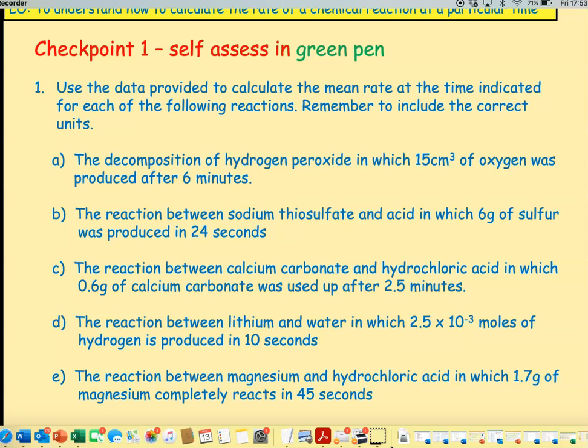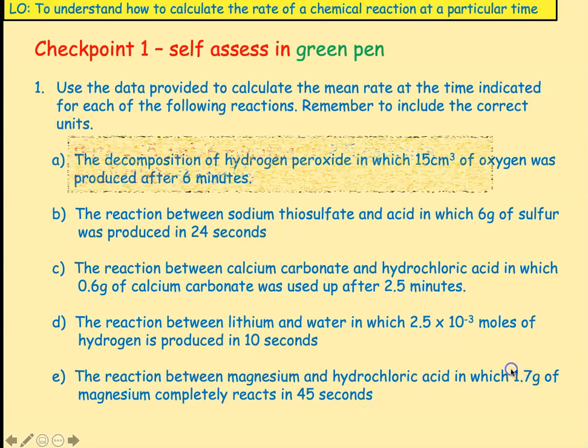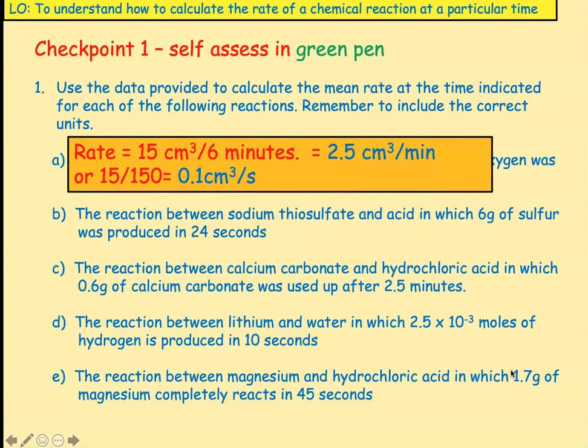Now we can either give our rate of reaction in centimetres cubed per minute, or we can give it in centimetres cubed per second if we convert the units. So 15 divided by 6 gives us 2.5 centimetres cubed per minute, or 15 divided by 150 gives us 0.1 centimetres cubed per second.